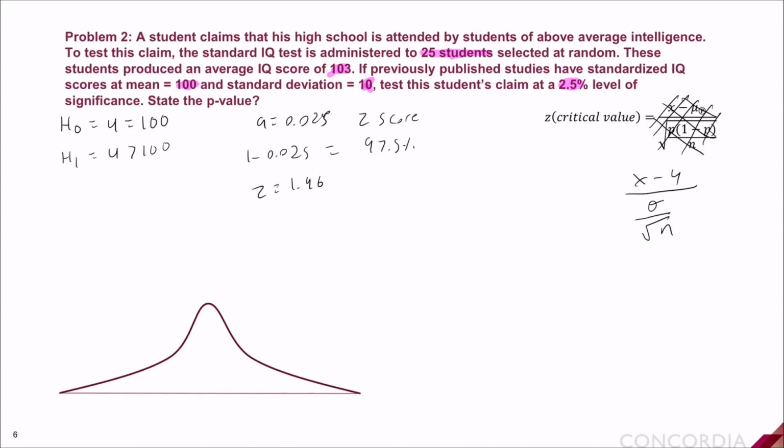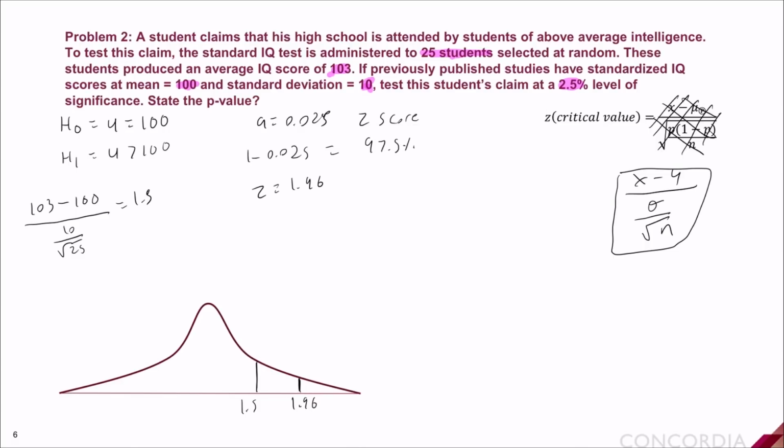This represents our cutoff point. Now, using this formula, we would find our critical value, using our new mean of 103 minus the population mean of 100 divided by 10 over the square root of 25, and that would give us a z value of 1.5. Graphically, that would mean our critical value would be here, and our cutoff point, 1.96, would be here.